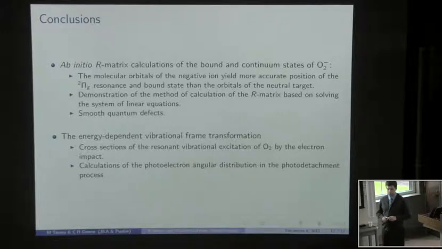So I saw that the molecular orbitals of the negative ion in the CAS yielded better results, but do you know why they yield better results than using the neutral? A little bit.